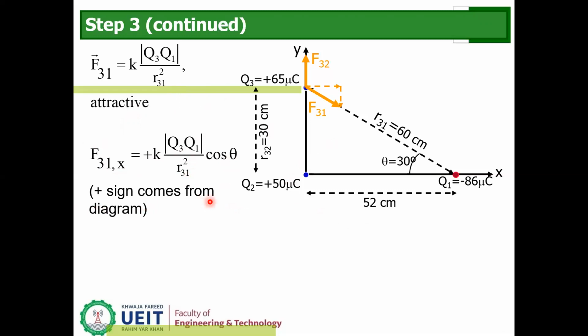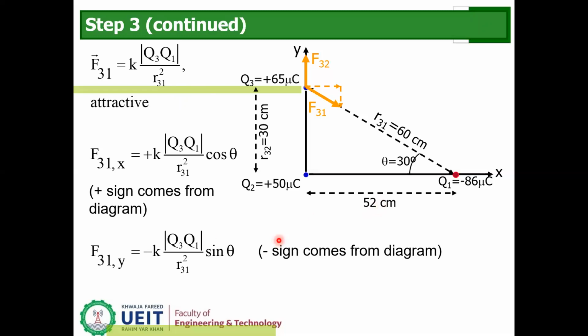The plus sign comes from the diagram. The theta is equal to 30 degrees. F31 along the y-axis will be equal to minus K Q3 Q1 magnitude divided by R31 squared times sine theta, because the sign is negative due to repulsion.